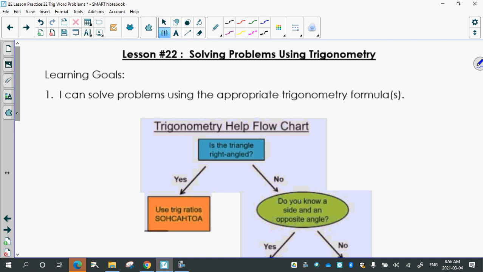Okay, so solving problems using trigonometry. Basically, again, we're going to be trying to figure out which formula we will use and then how to set up a problem. Some of them are easier than others. Some of them give diagrams, some of them don't.